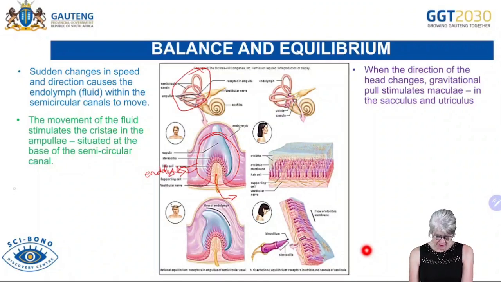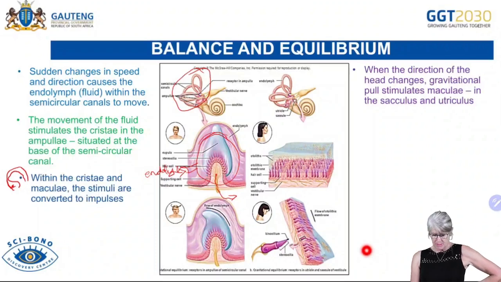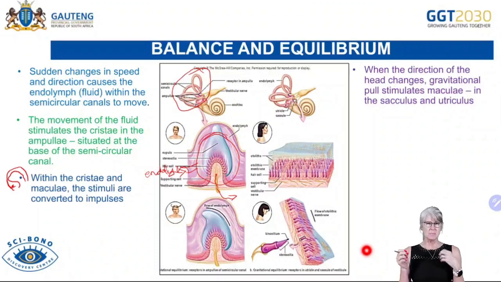So the semicircular canal is like that, but then it has a swollen end that widens, and those little receptors will be found there. All right, and as soon as the cristae are stimulated, that allows me to maintain balance. So there are impulses that go to my muscles to make sure that while I'm running around, I'm not going to fall over.